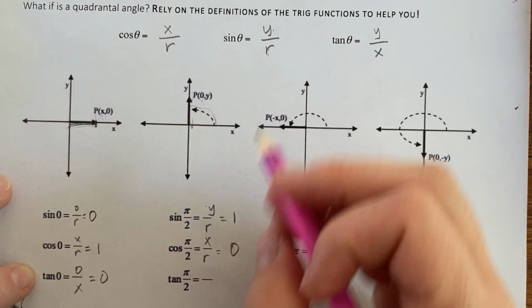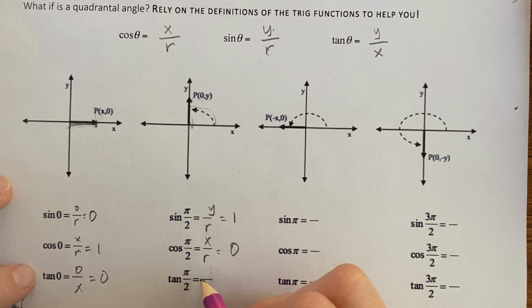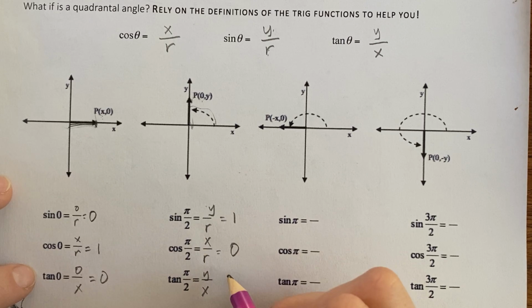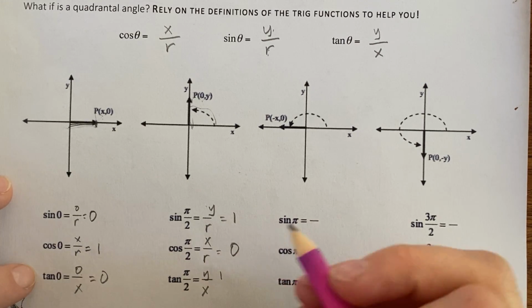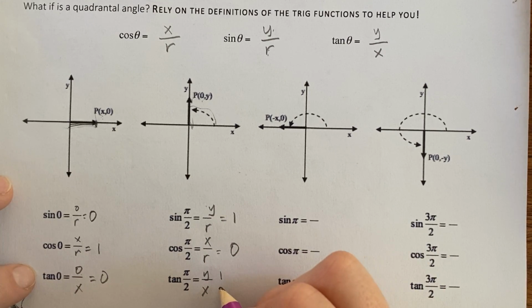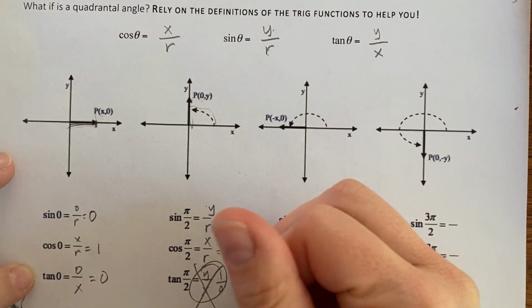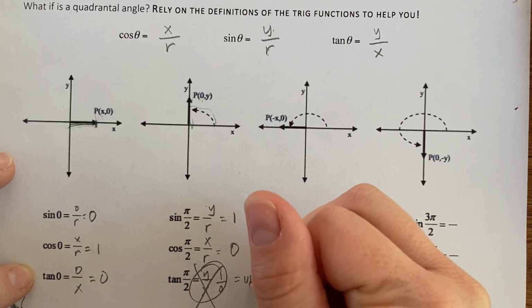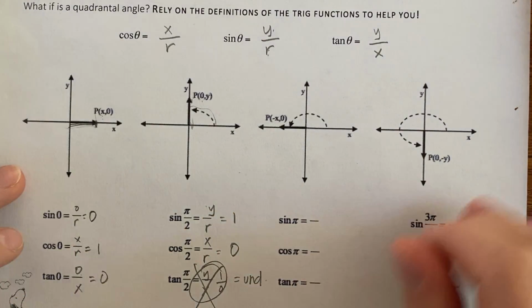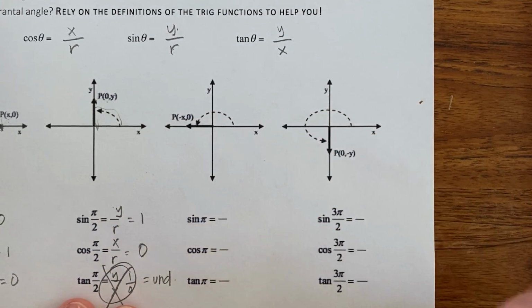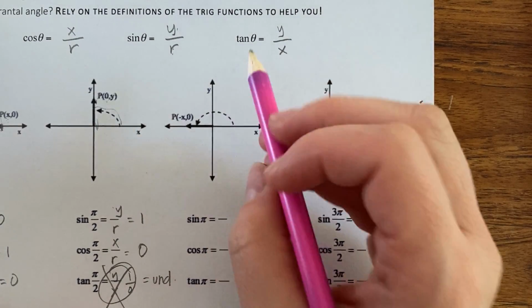And the tangent, which is y over x, y is 1 or 2 or 10, and x is 0. Oh my God, we just divided by 0. So this is undefined. Okay, and then here we go. Keep going. Here we do it.